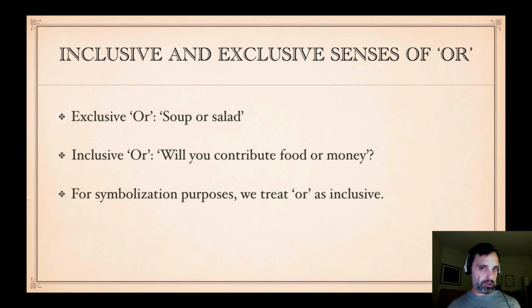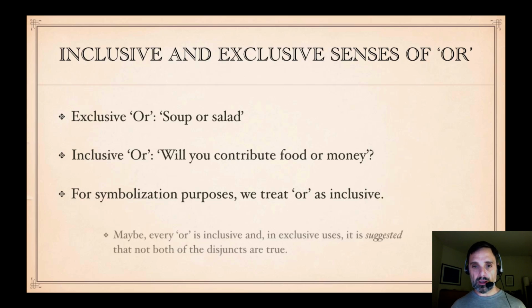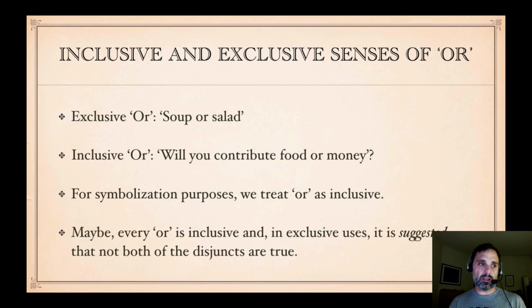So we will treat English ors as inclusive. The or in our logical system is inclusive, and so we'll symbolize English ors as the or in our logical system. It may or may not be. It may be that occurrences of or in English that look like they're exclusive are in a certain way really inclusive.